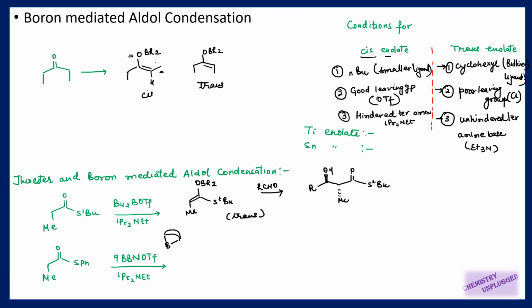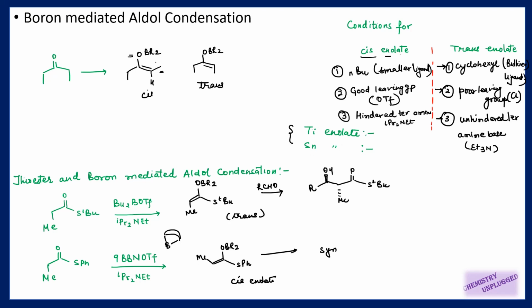We have also discussed this thing in Clayden book summary, that we will not include 9-BBN in bulkier size group because of the position of these groups, right? And here we have a good leaving group, and base is again hindered in nature, but this time I'm getting cis enolate, right? And it will give me syn aldol. We can remember the conditions for normal ketonic groups. These are the conditions, but in case of thioesters the conditions are different, right? We cannot predict it easily.